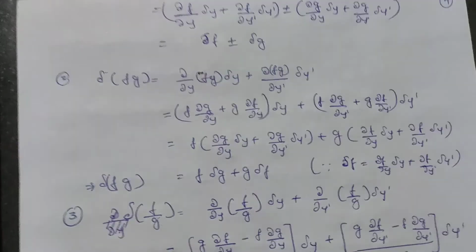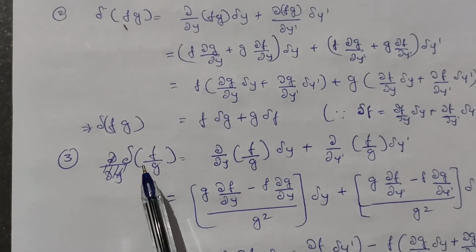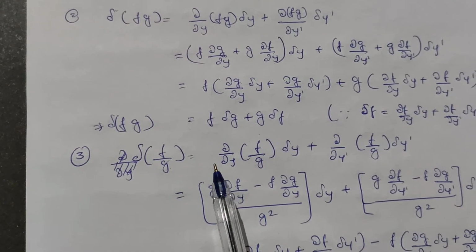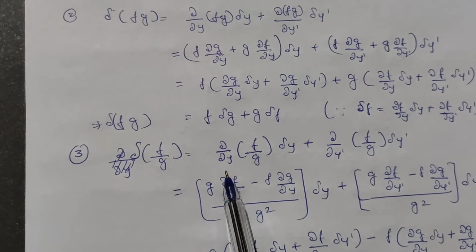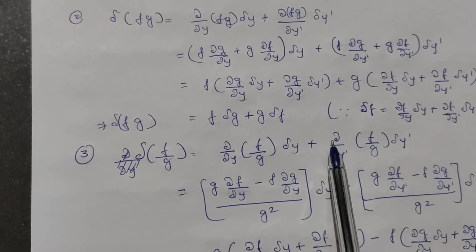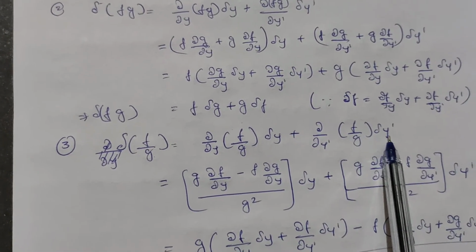Let us take the third one. Delta of f by g: here also we have to apply the definition of a variational function, dou by dou y of f by g into delta y plus dou by dou y dash of f by g into delta y dash.